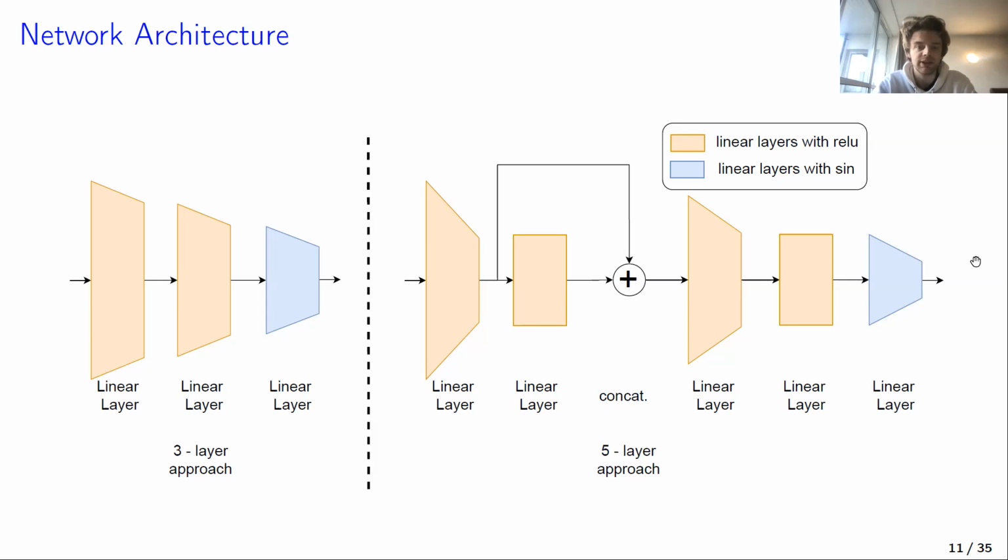And on the right-hand side, we can see our 5-layer approach that is very similar to our 3-layer approach. The only difference is that we're using a residual connection between the first and third layer, and this helps us in stabilizing the training and making our network more generalizable on our problem settings.